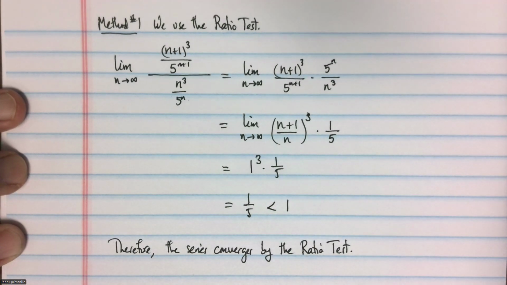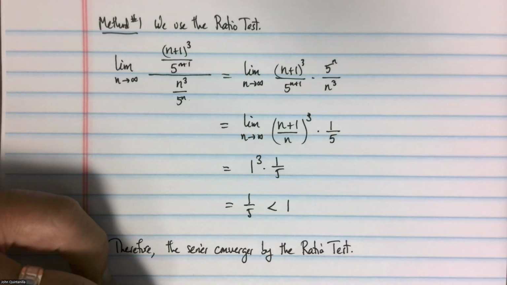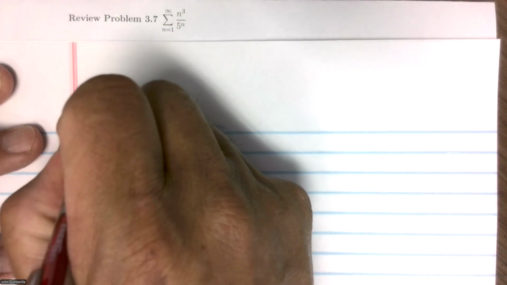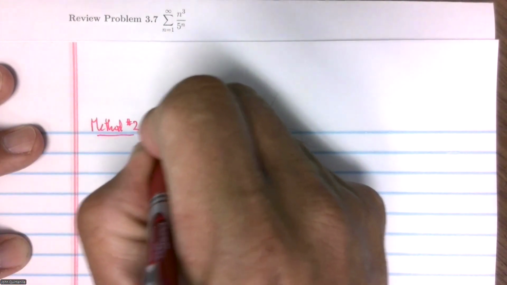Okay, so that is one way of going about the problem. A second way, which is about the same amount of work, is to use the root test. Method number two, we use the root test.